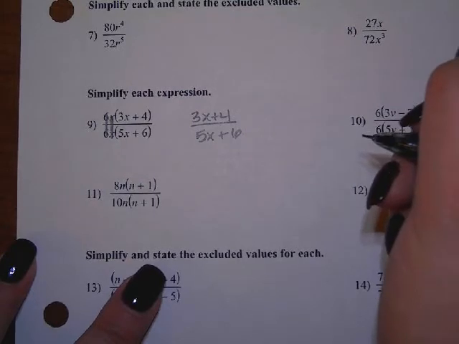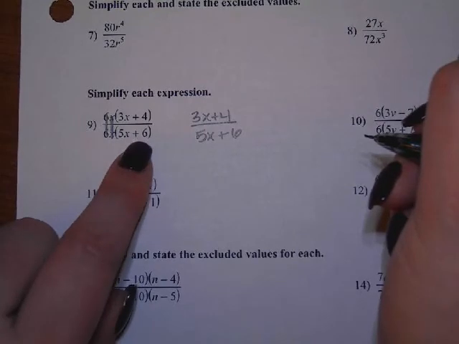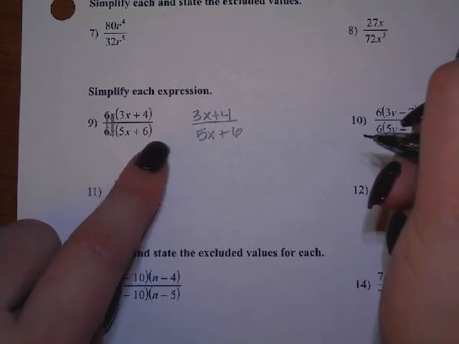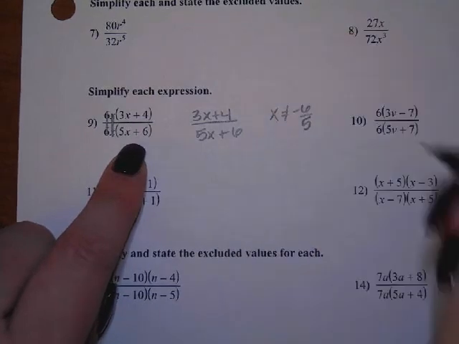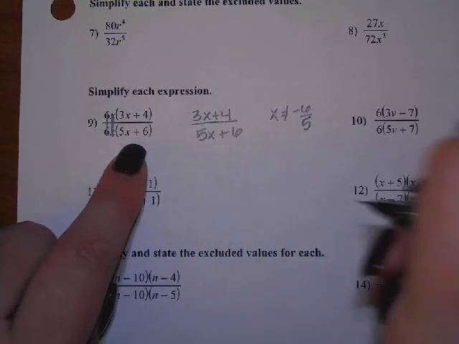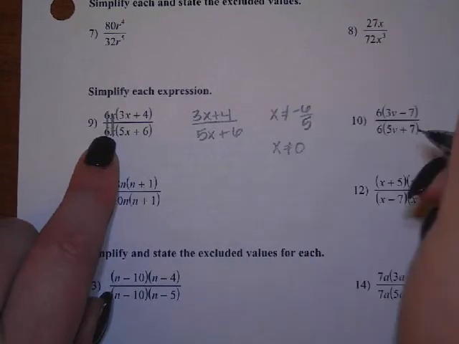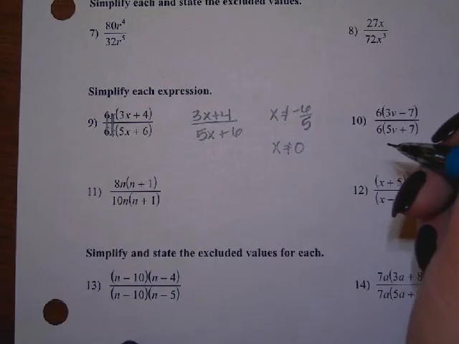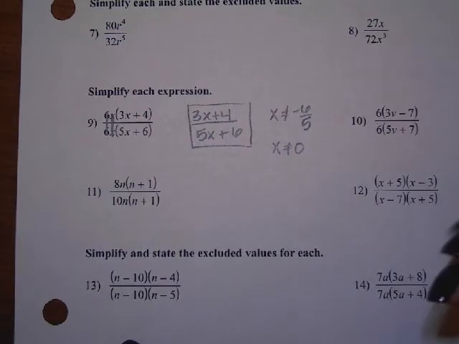There's negative 6/5. And then what about this one over here? 0. We're not looking at the top. Because you can have 0 on the top of a fraction, it just zeroes out the whole thing. You just can't have 0 on the bottom of a fraction. Okay, now you didn't have to have the excluded values, the instructions didn't say it, but it's good practice, right?